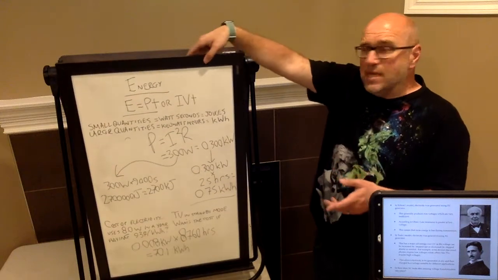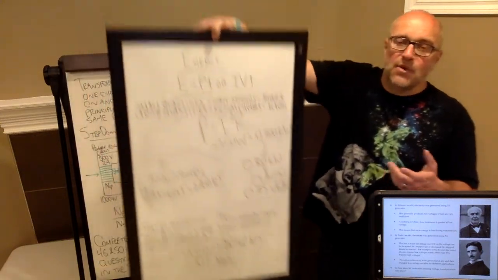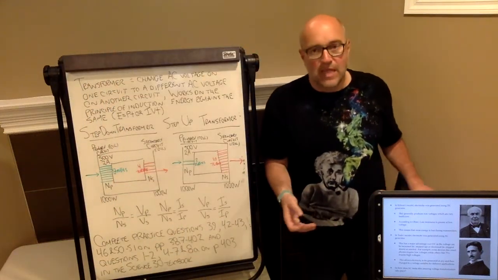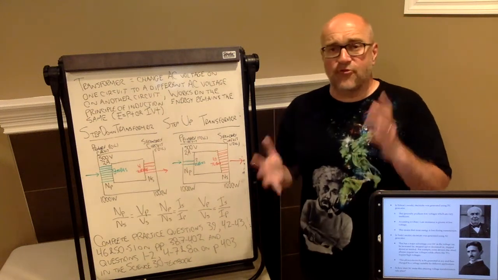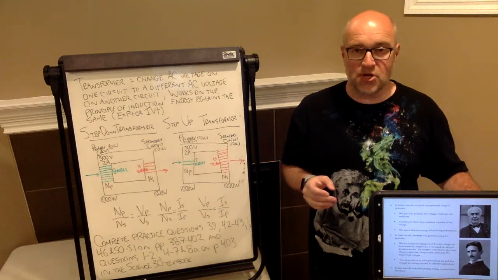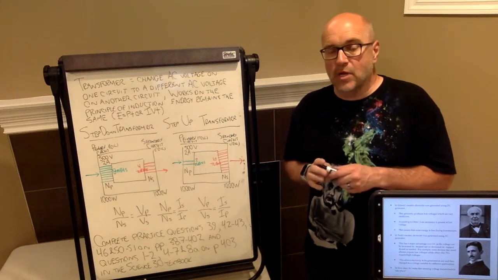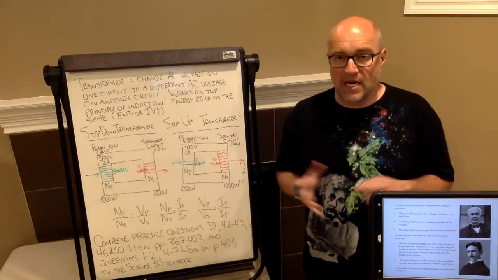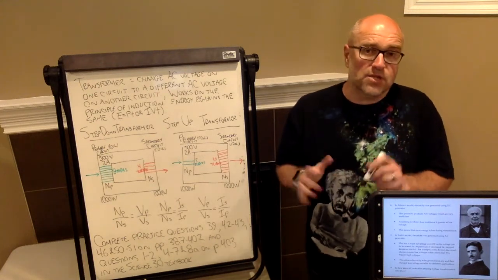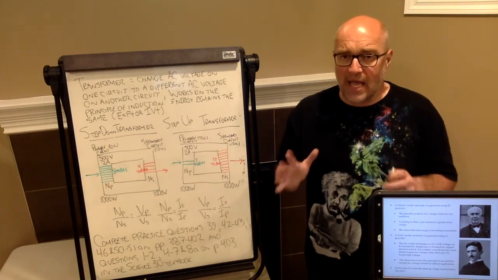And we can't do that with DC. We can only do that with AC. And the device that will allow us to do that is called a transformer. A transformer will essentially convert electrical energy and will either step up or step down the voltage in an electrical line. And you can only do this if you're using AC transmission.